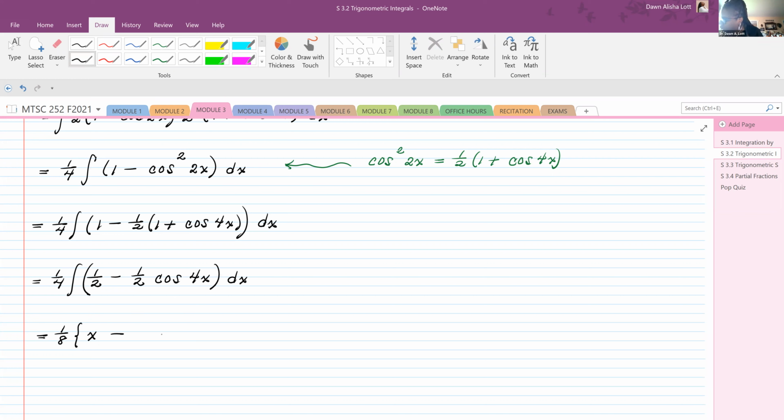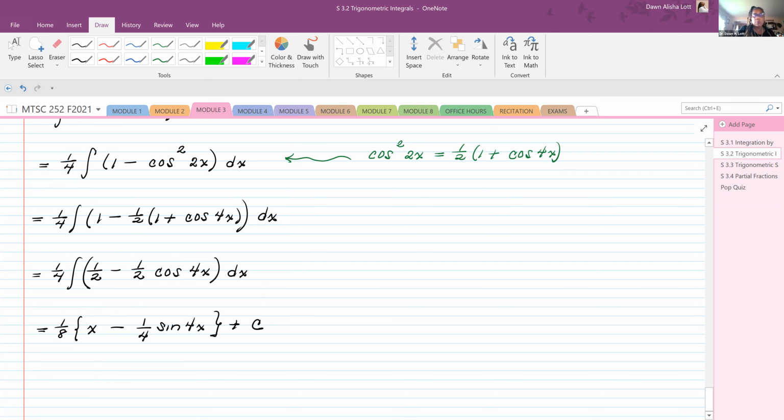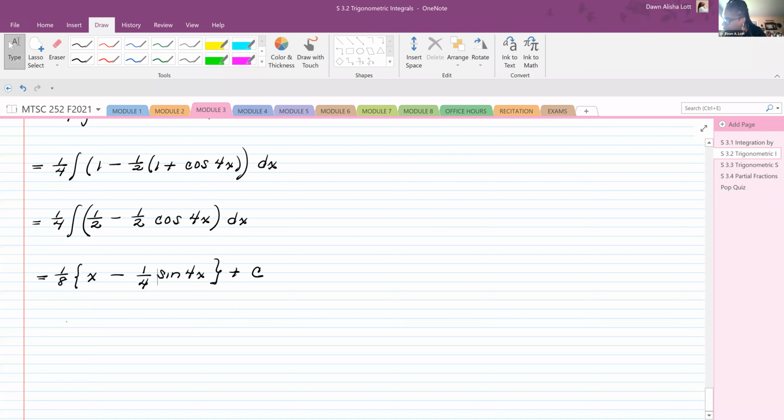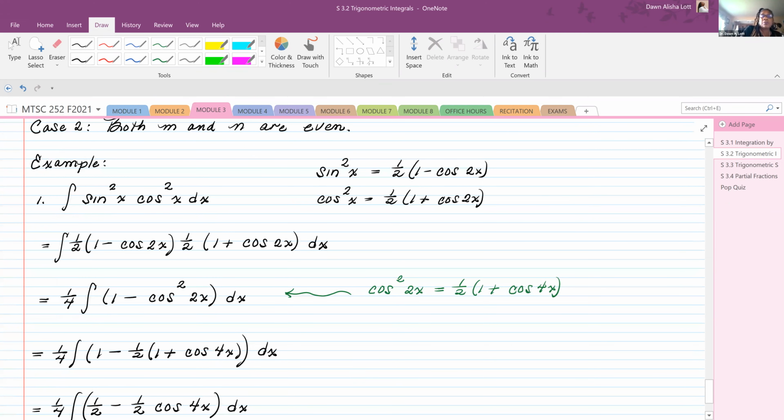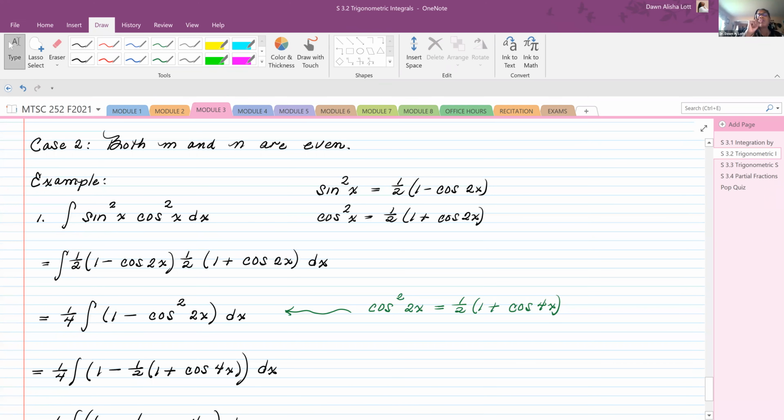It integrates to the sine of 4x over 4 plus a constant. So I get 1 over 8x minus 1 over 32, the sine of 4x plus a constant. So whenever they're even, every time you get something squared, you got to keep trading it off.